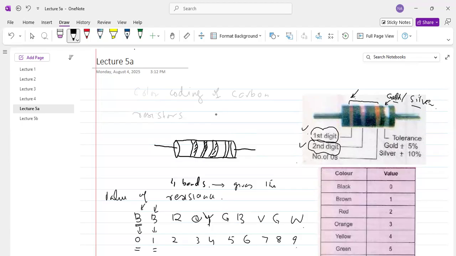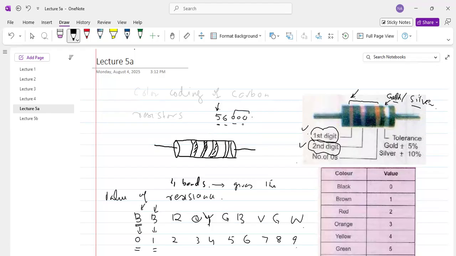Whenever we want to write a number, such as 100 or 1,000, it can be formed if we know the first digit, the second digit, and the number of zeros.